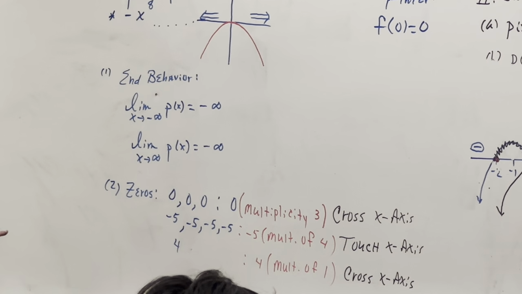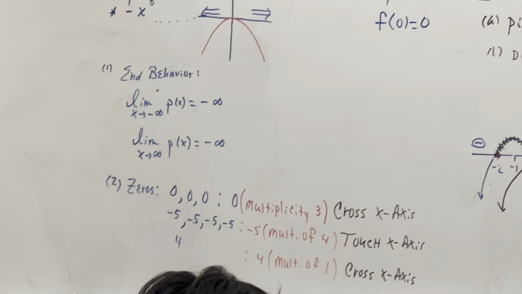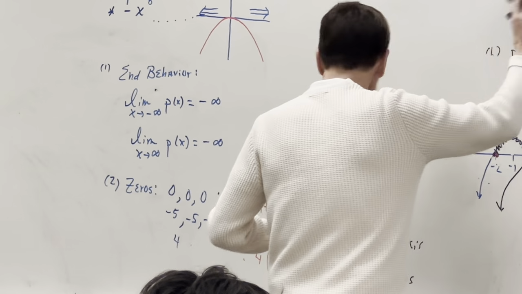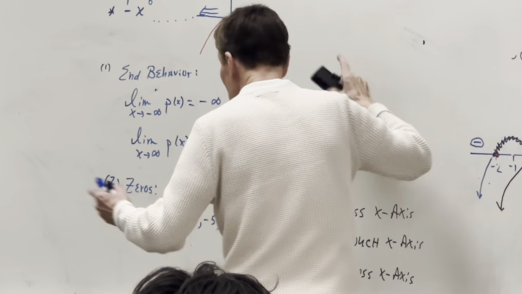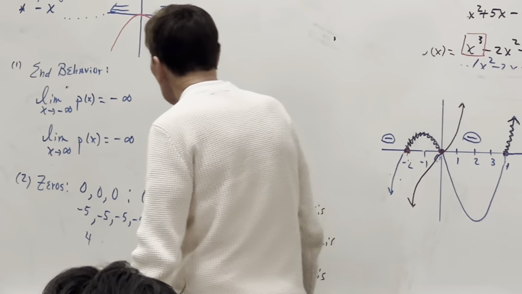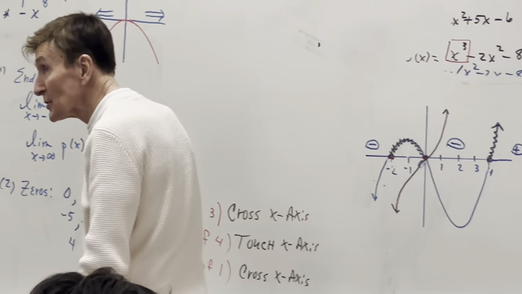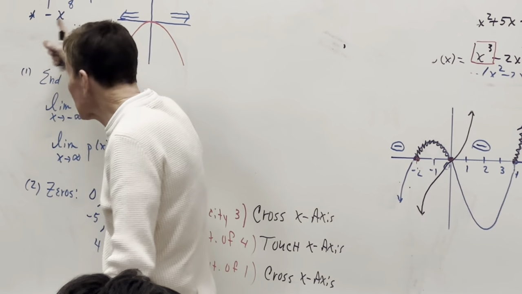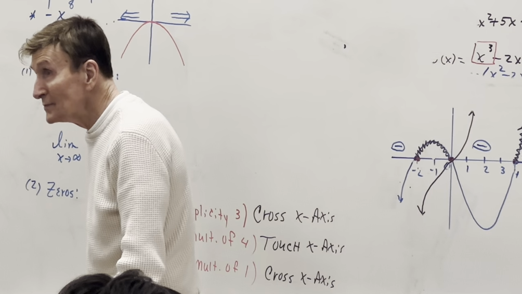So far, so good? Okay, so I know where it crosses, where it touches, I know the zeros, I know the end behavior. I think I'm ready to sketch it, aren't I? Do I have everything I need? Oh, by the way, I got the x-intercepts, those are the zeros. For the y-intercept, I'm going to replace all the x's by 0, and I'm going to get a 0.